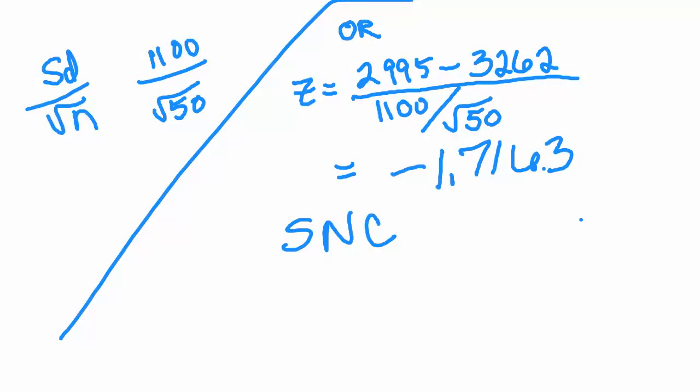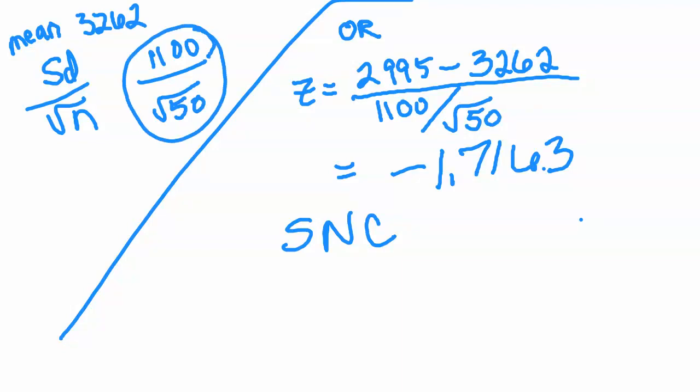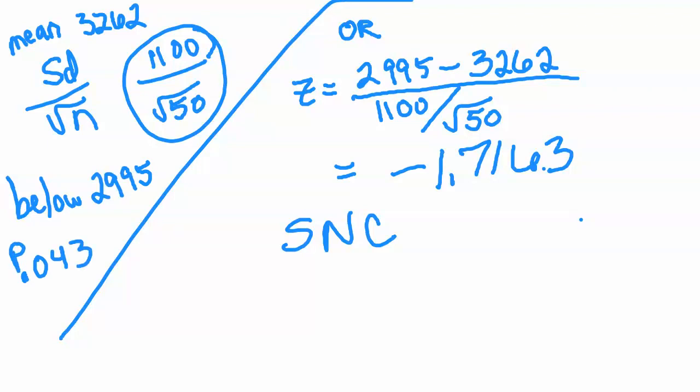So let me go back and make sure you understand. You could either use the calculator with the mean 3262, the claim mean, and then use this for your standard deviation. And then I did below 2995, and I got 0.043 for the probability p-value.